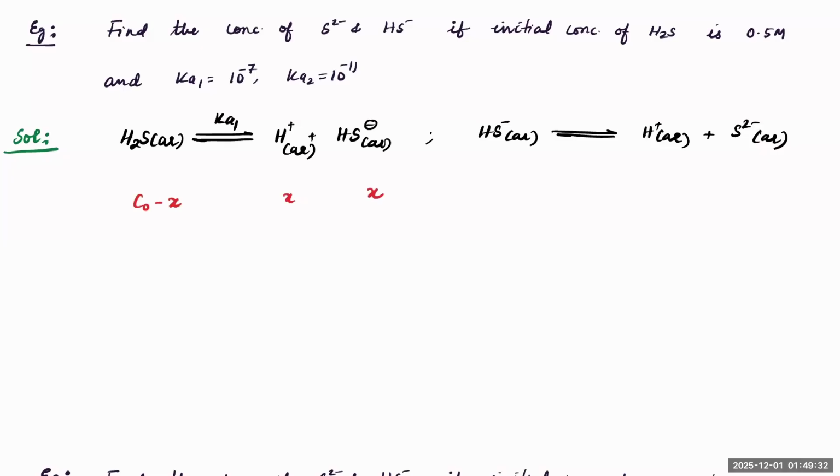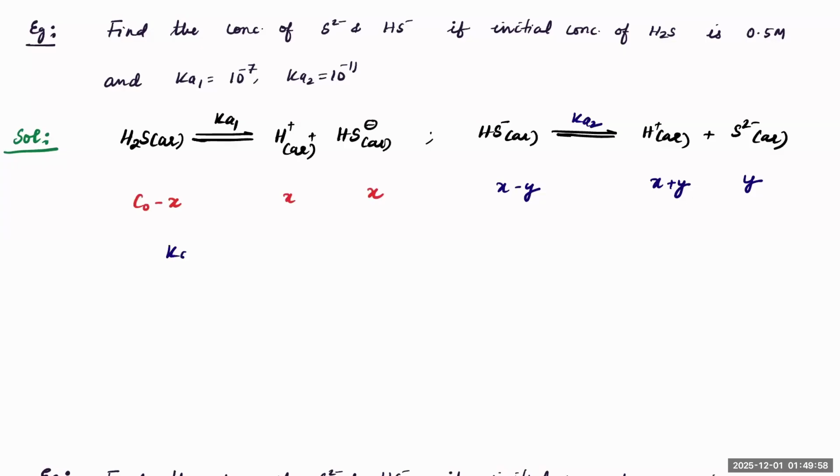Sorry, here I'll write down first, X minus Y. Some amount has been lost. And that will be equal to already existing X plus Y, and here it will be Y. So this is for Ka2.